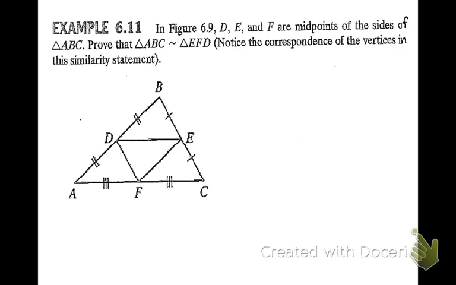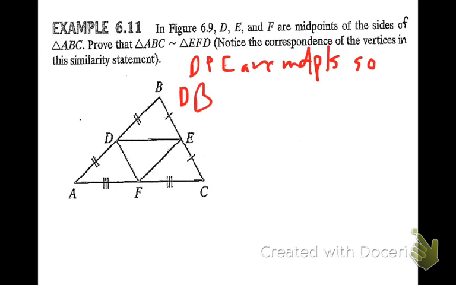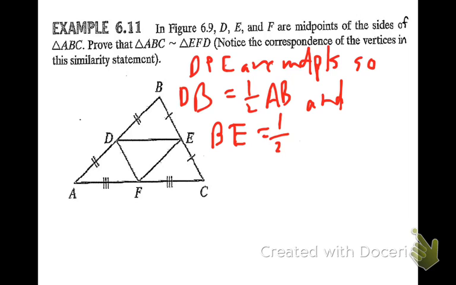Alright, so how we can do this is we can say that since D and E are midpoints, DB is going to equal 1/2 of AB, and BE is equal to 1/2 of BC, right?